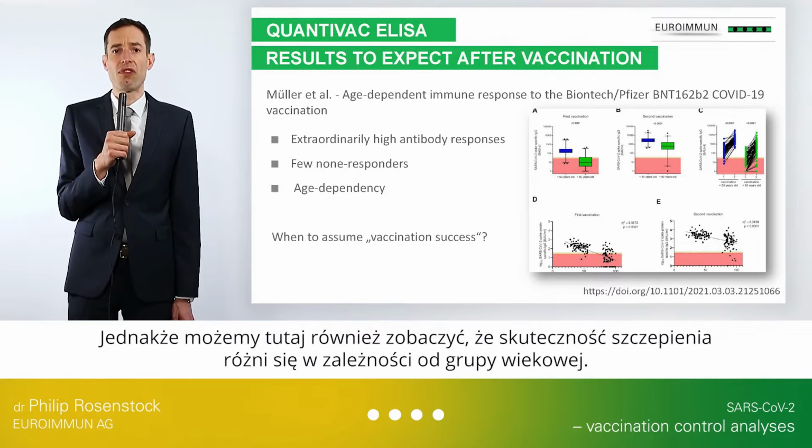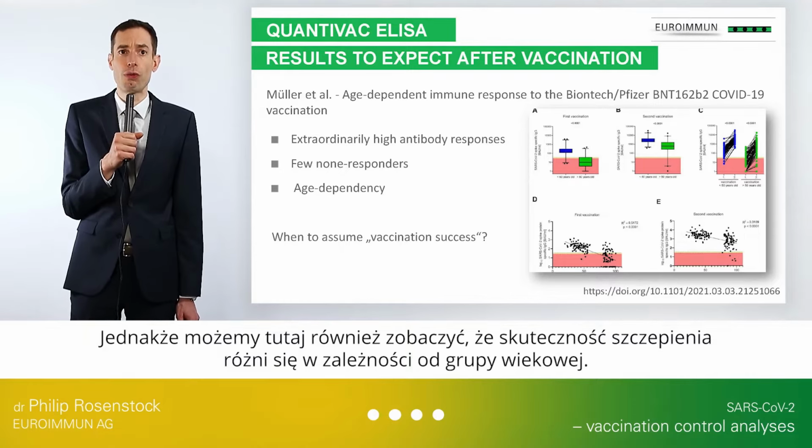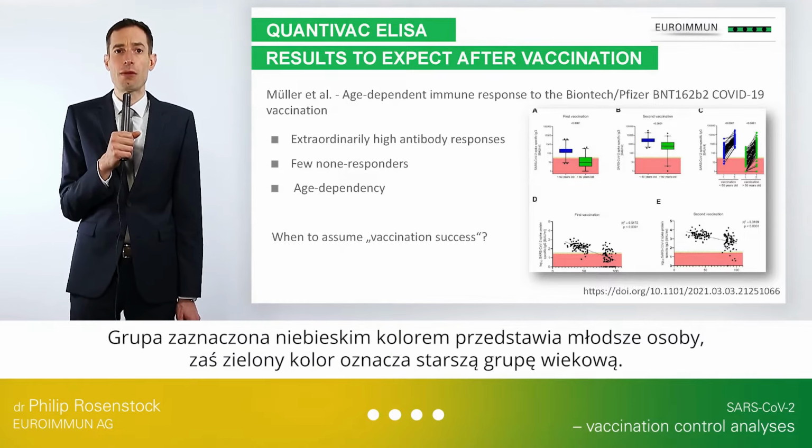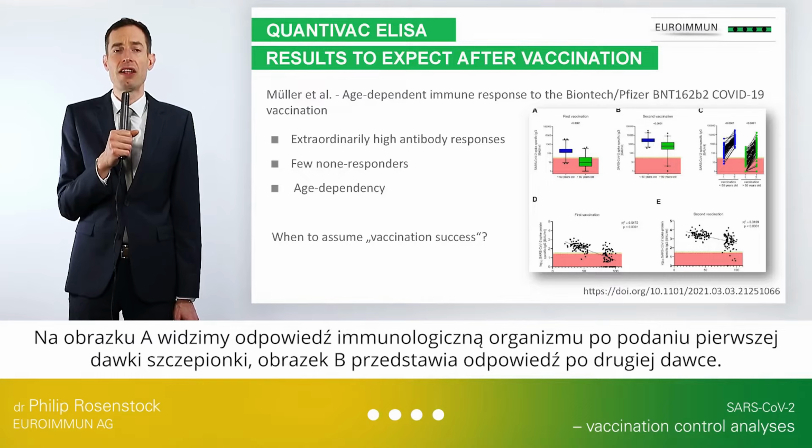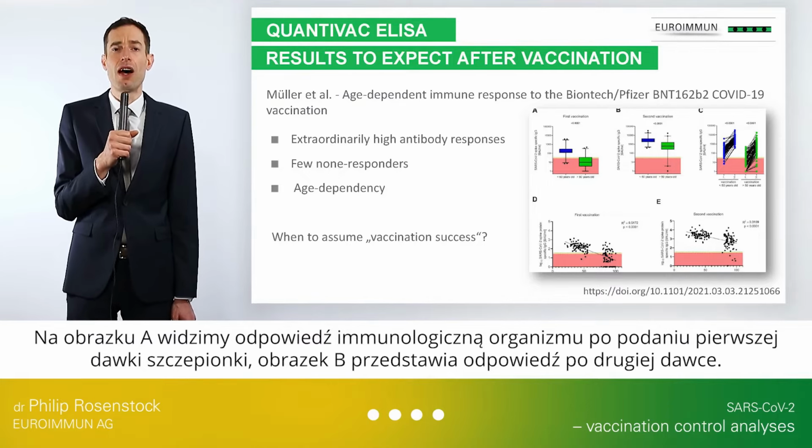However, what you also see here is that the vaccine success is different in two different age groups. The blue ones are younger people, while the green colored groups are older people. In picture A, you see the immune response to the antibody secretion after the first dose. In picture B, it's after the second dose.